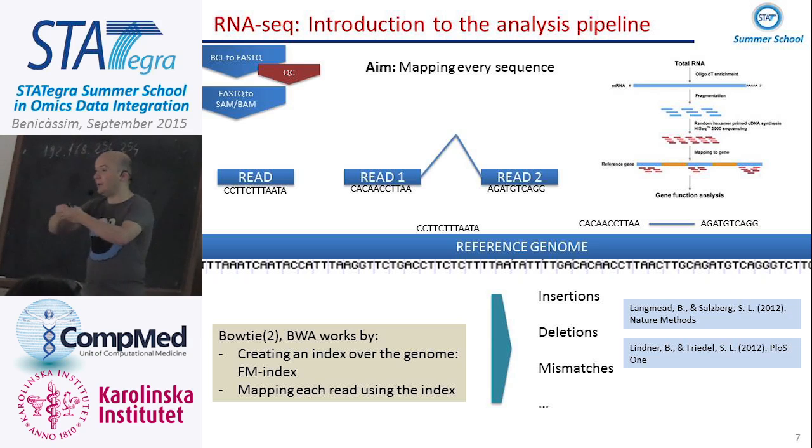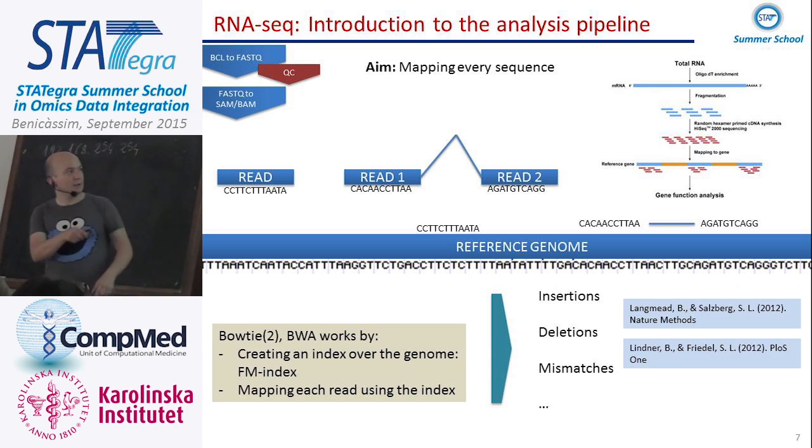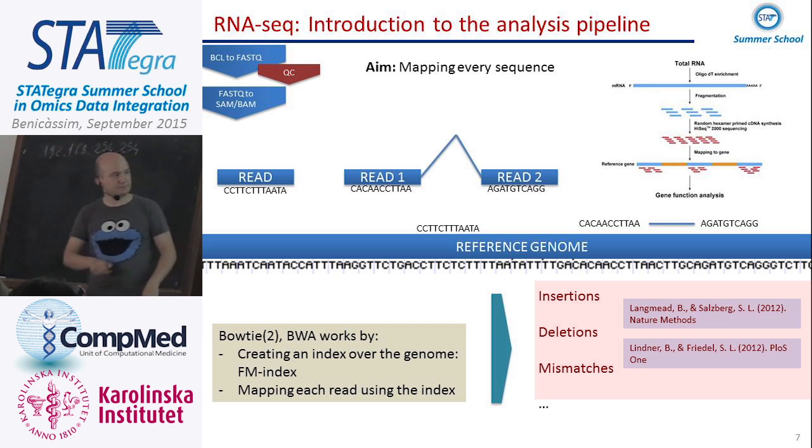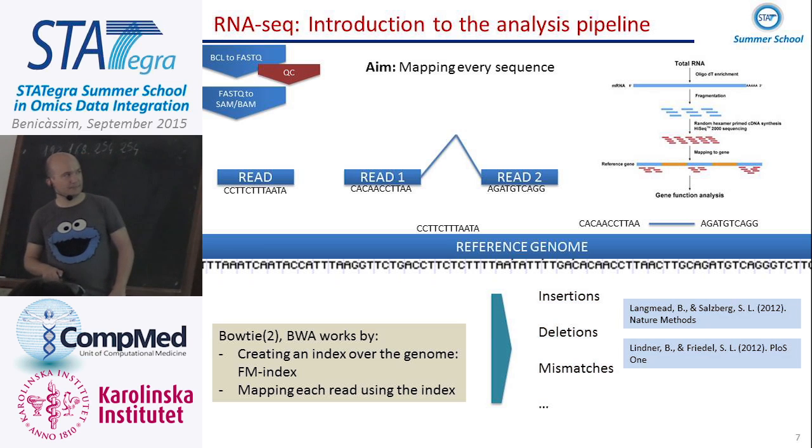If I need to make more insertions, maybe it's less likely that something is going to be there, right? If I'm making more deletions, more mismatches, the more I have to change, the worse the quality is going to be. And usually you try to find the best quality, weighing every one of those options. I really recommend reading those papers.